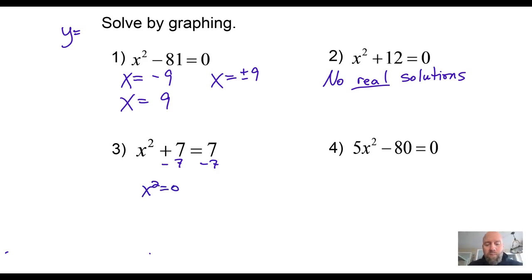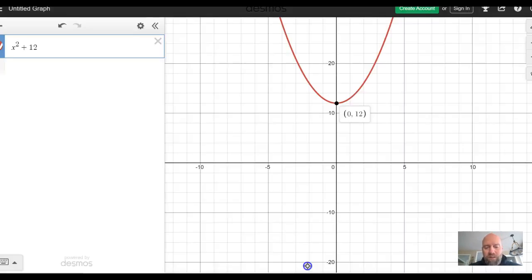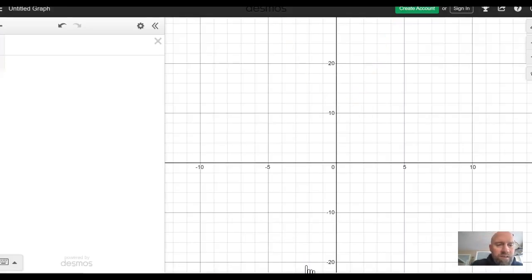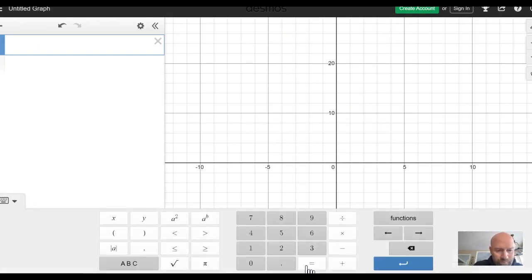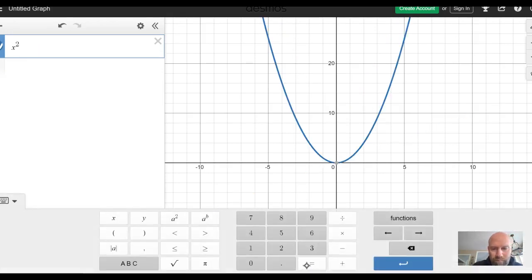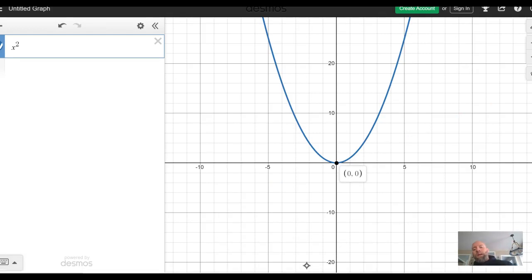All right, so let's plug that into Desmos. Let's get that out of there. Let's do x squared. You'll notice that with this parabola, we have a vertex right here at 0, 0. That is the origin, and this is what's considered a parent function for x squared.